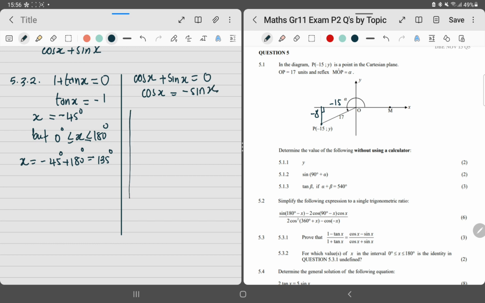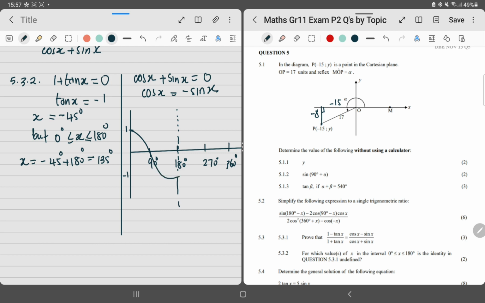Now we're just going to draw the graphs. So this is 90, 180, 270, and 360. But we only need this portion right here, only up to 180. The graph of cos goes between 1 and negative 1, and it starts at the top.